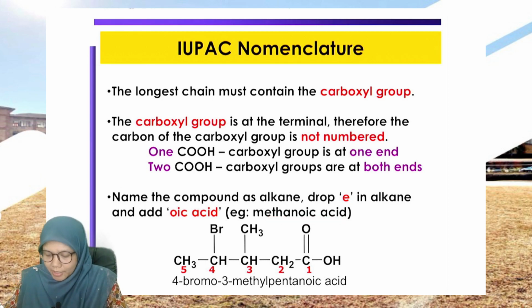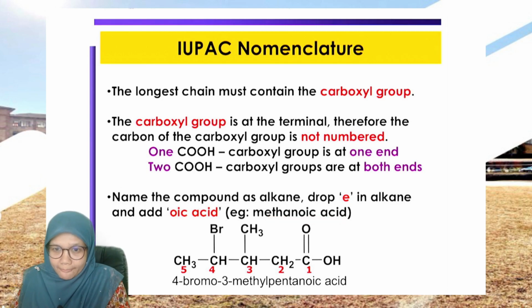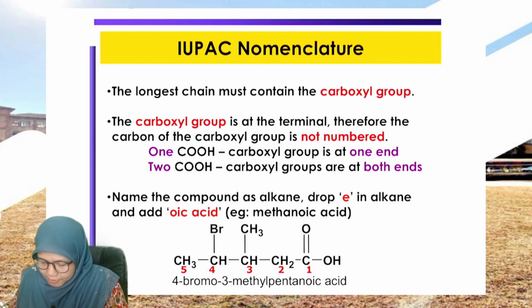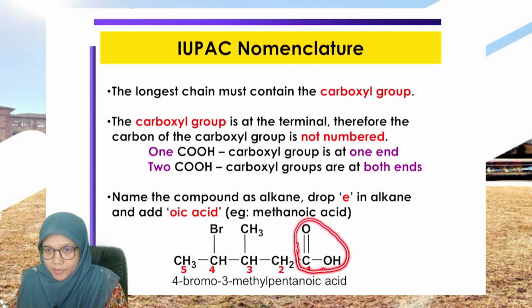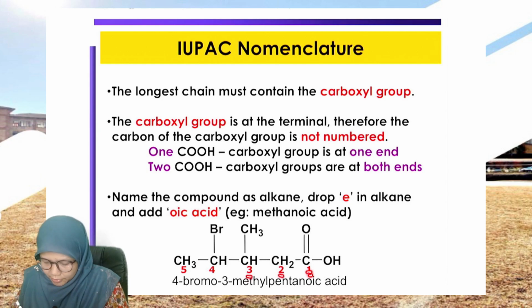Now try to name this compound. We have C double bond O OH, meaning here is carboxyl group. It will be parent, so the carbon here will start as number 1. 1, 2, 3, 4 and 5. So, the longest continuous chain here has 5 carbon.